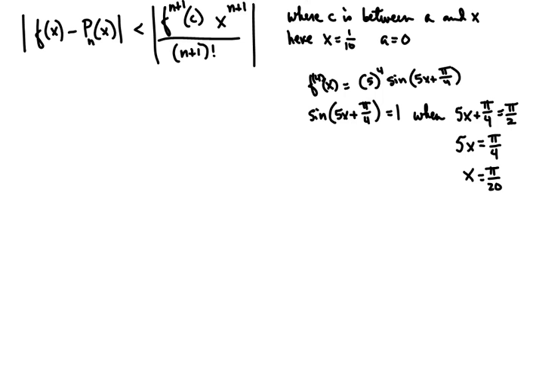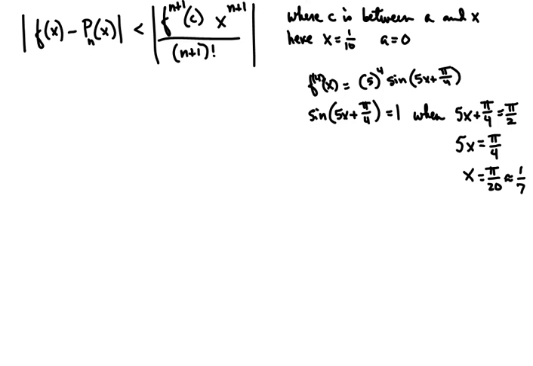And when x is equal to pi over 20, since pi is roughly 3, we're working with about 1/7 here, which is a little bit larger than 1/10. So we would like to pick a value between 0 and 1/10, and we came up with 1/7, which is a little bit larger than that. And the way this is going to work is that's going to be fine for us.